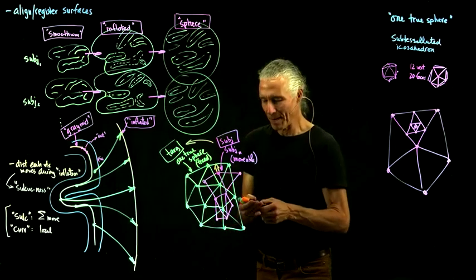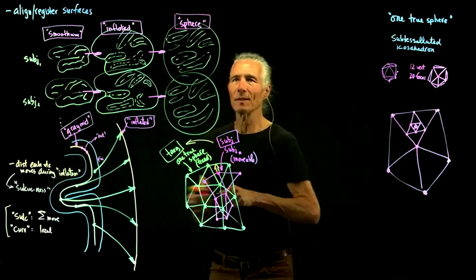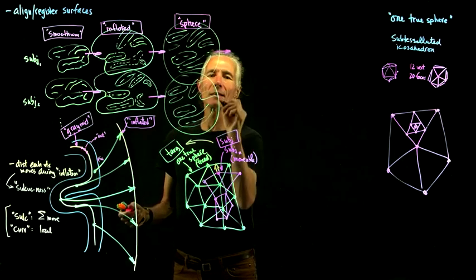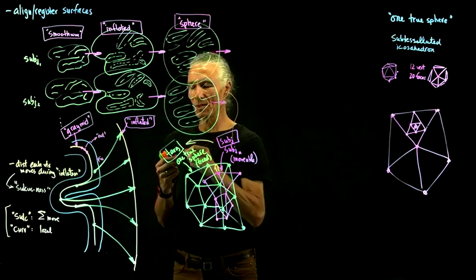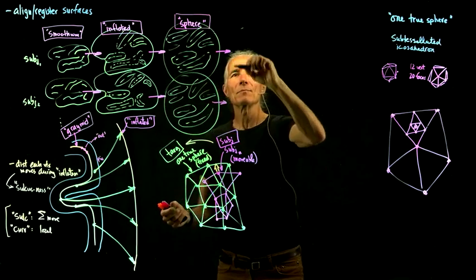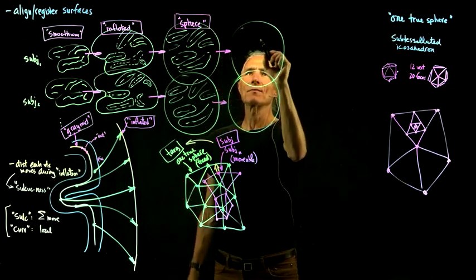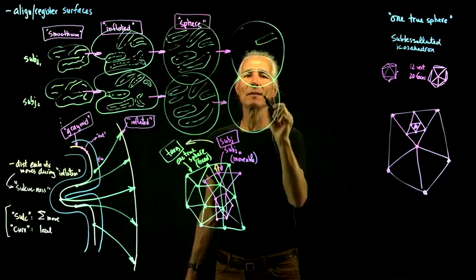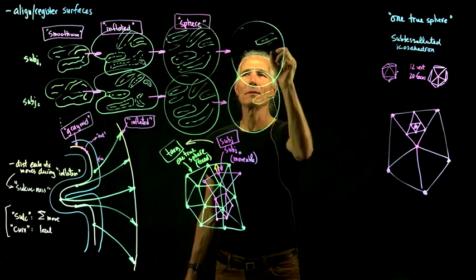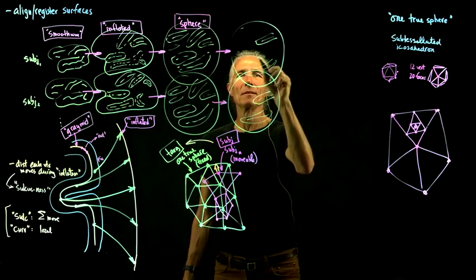But the bottom line is that we would then still have a sphere, so it wouldn't change the shape of it, it would just move stuff around. So now remember, this would still have a different number of vertices. So now we've slightly moved things around so that everybody's all lined up with each other. But we still have different numbers of vertices in here.